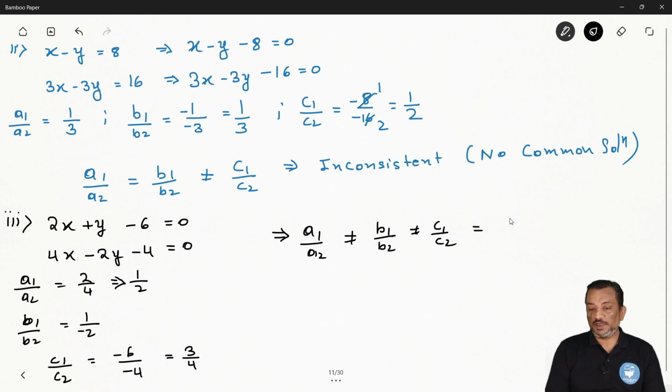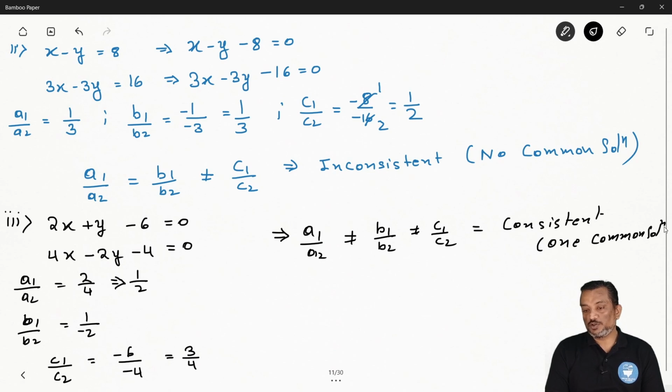It will form consistent. And consistent means it will intersect, meaning one common solution, or one solution. Okay, hope you're getting it. So we have to draw the graph now because it is consistent.